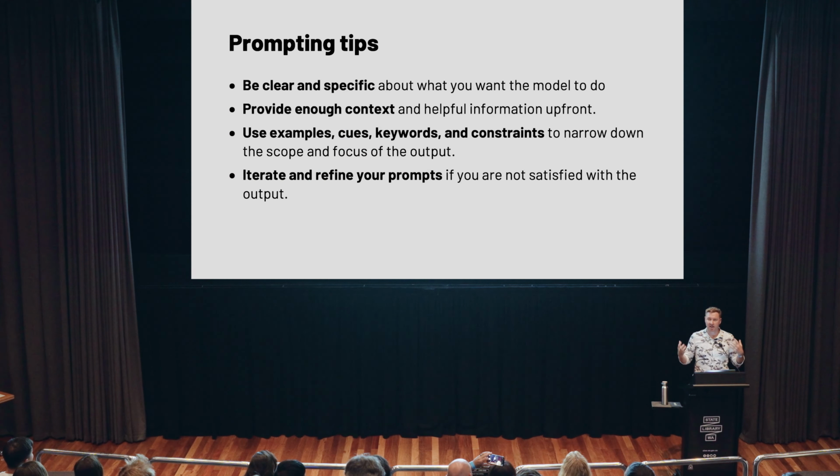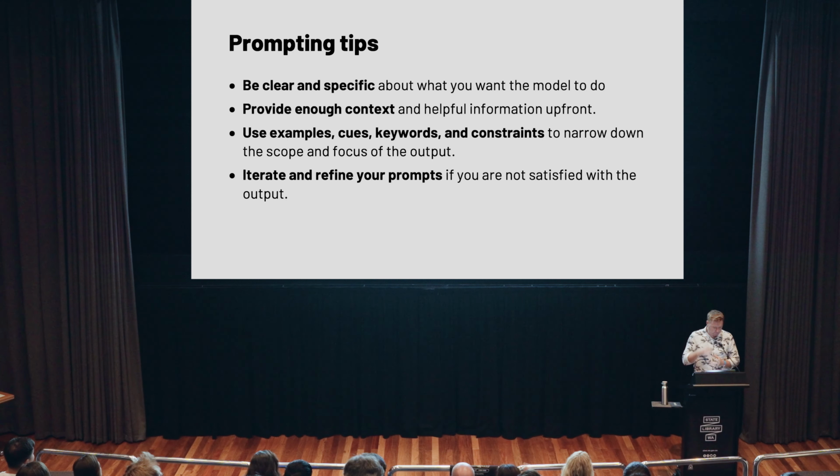Some tips that I've discovered, and talking to Sean, our generative AI expert, he's sort of confirmed. It's really important to be clear and specific about what you want this AI model to do. The more clear you can be, the more specific you can be, the better it's going to come out. Providing context, as I provided that context about the location and the date, is really important, and it helps the answer be a lot more tailored and a lot more what you're looking for.